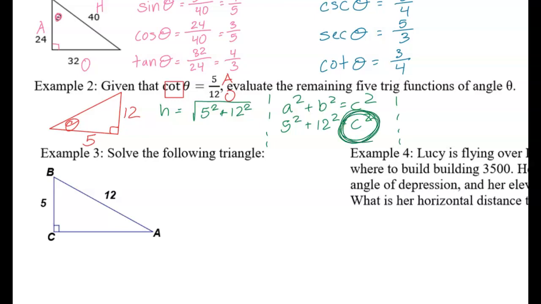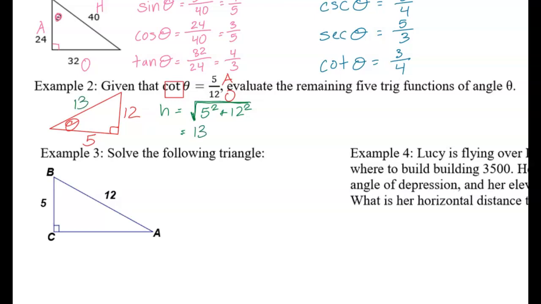Yeah, square root both sides. So I just remember any time that I'm trying to find the hypotenuse, it's the square root of the other two added together and squared. But you could do the full Pythagorean theorem if you wanted. So the square root of 5 squared plus 12 squared is 13. So that third side is 13.